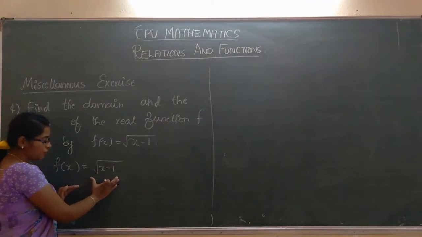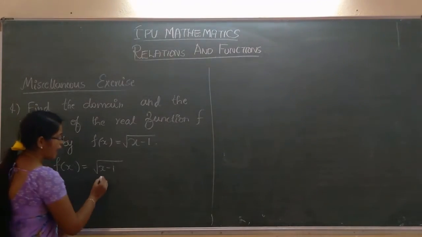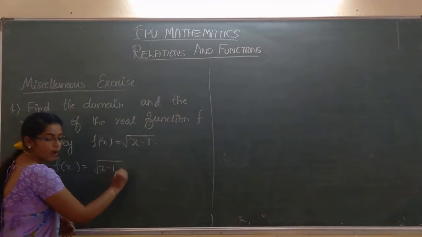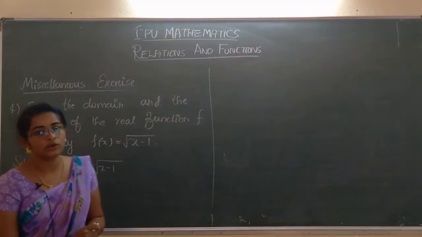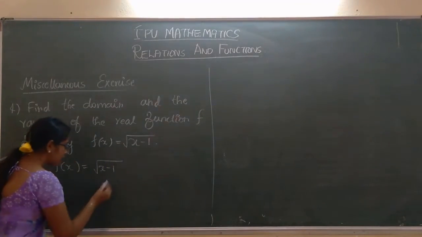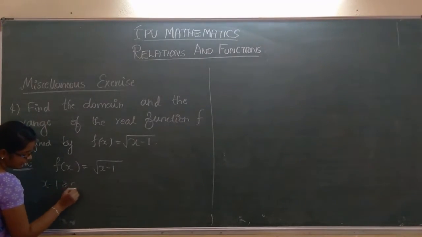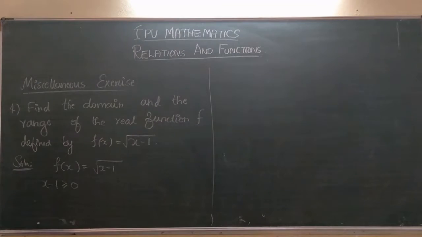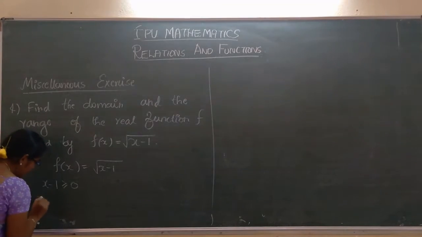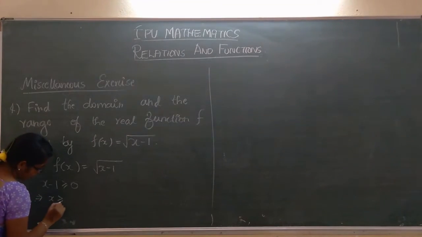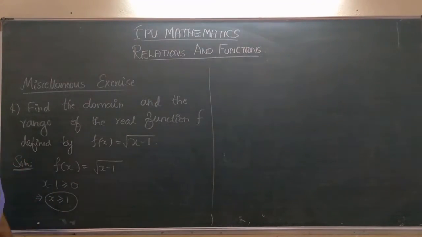For the square root to be well defined, the term inside the square root should be greater than or equal to 0, right. So, I need to have x minus 1 greater than or equal to 0. Then only my function is well defined. What does that imply? x is greater than or equal to 1.